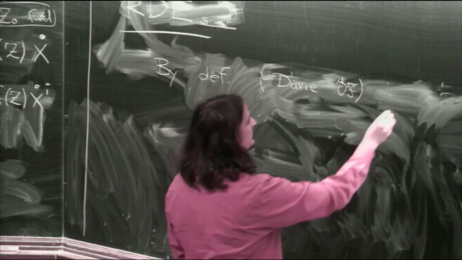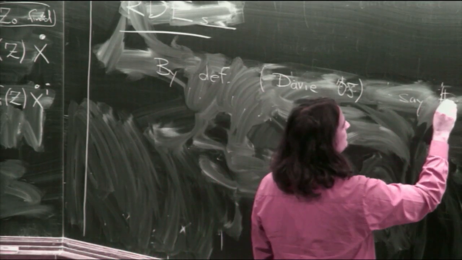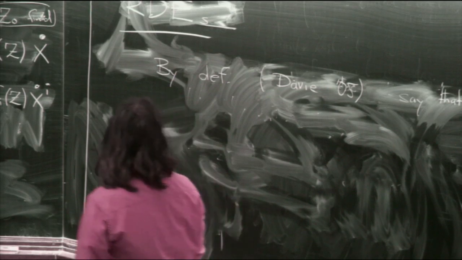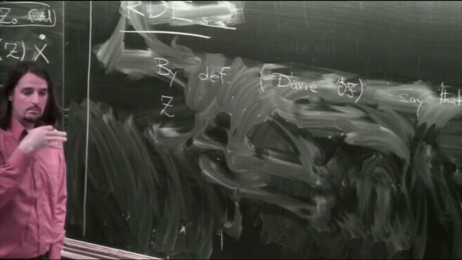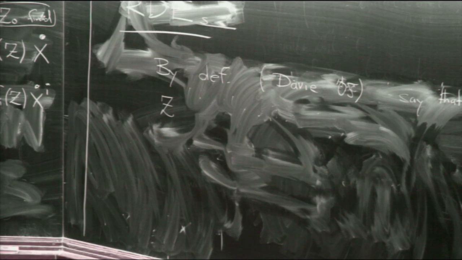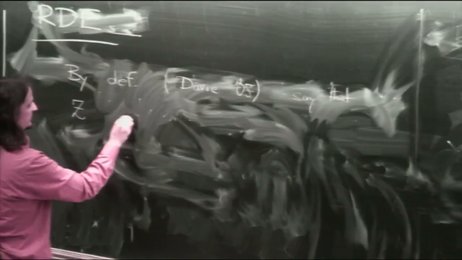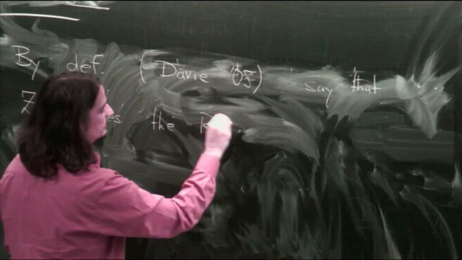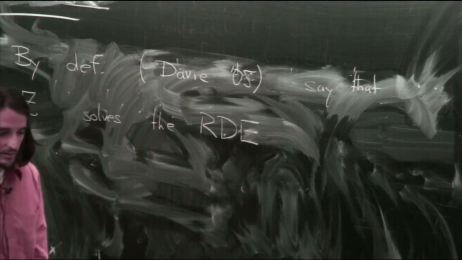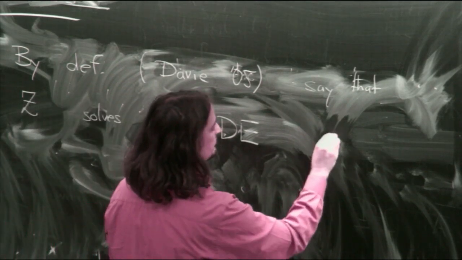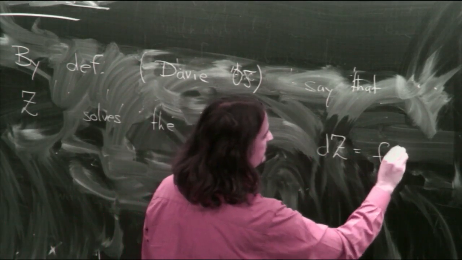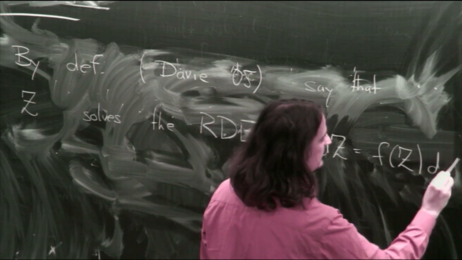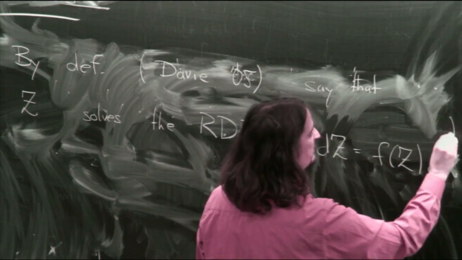We say that Z is a path, dimensions, whatever, these vector fields, if they live on R^n, then Z will be R^n valued, solves the rough differential equation. So what I'm writing down here is formal: dz equals f of z dx. So as before, this is a rough path.